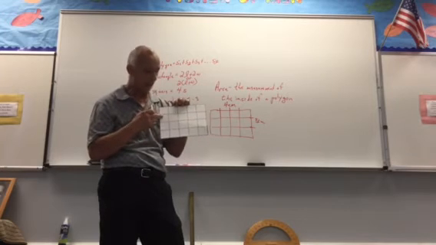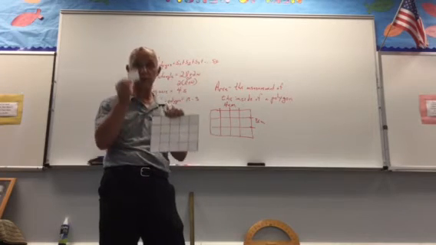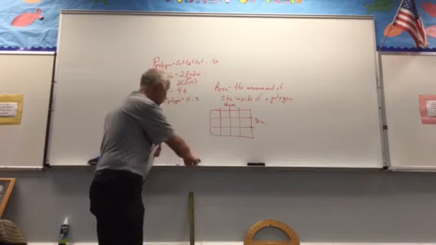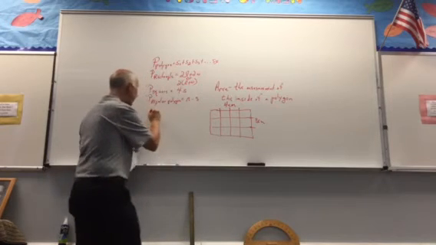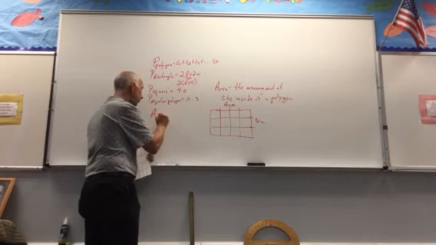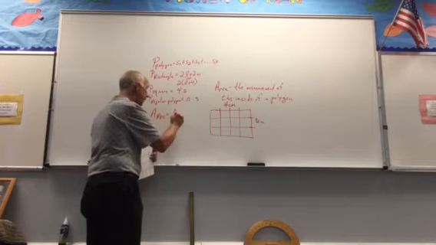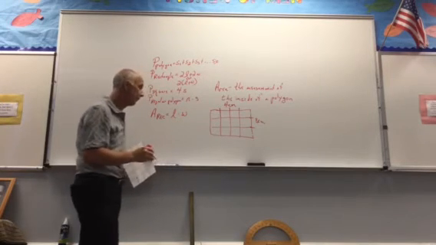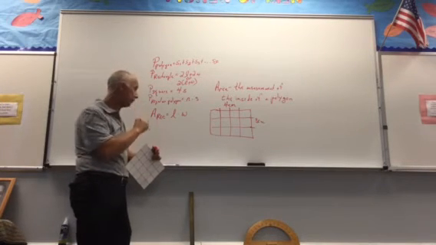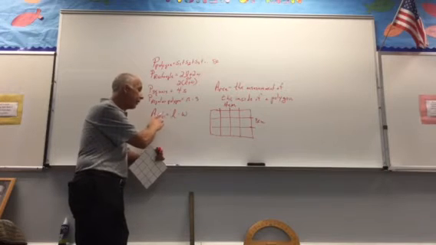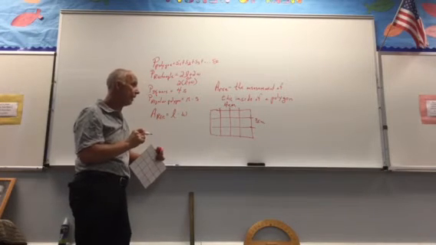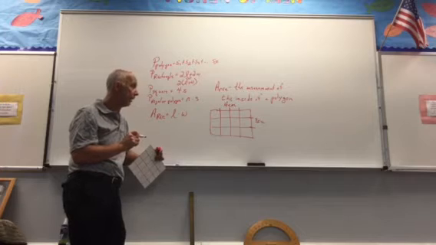So again, 5 times 4 is 20 square centimeters. So the formula for area of a rectangle is equal to length times width. And again, excuse me, if you want to find the area of a rectangle, all you have to do is take the length and multiply it times the width.